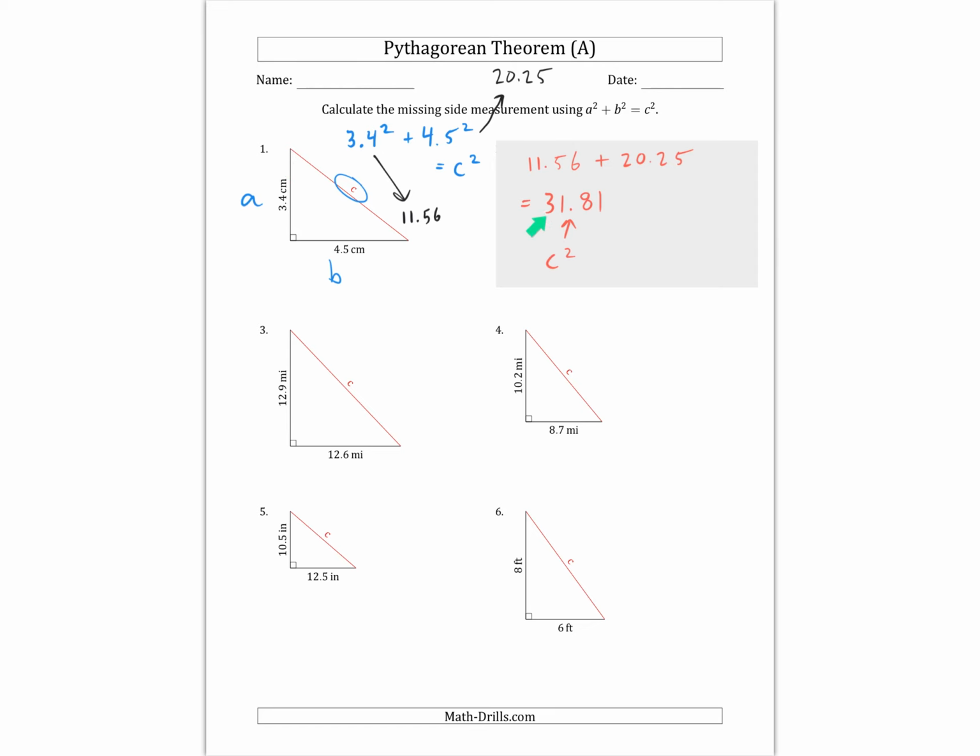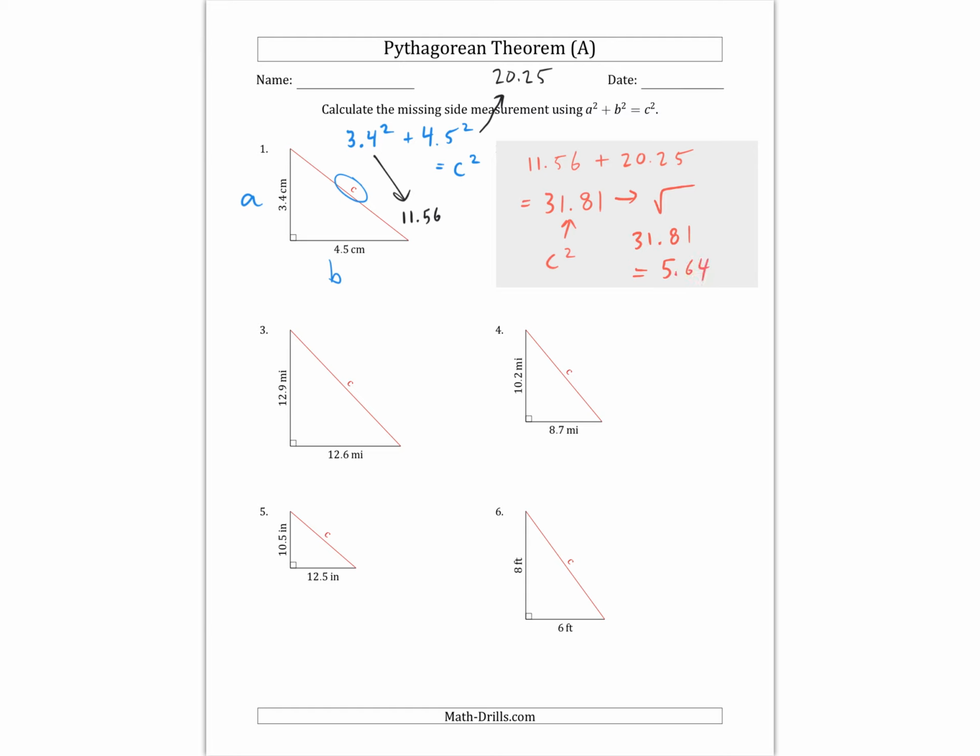So what we need to do in our last step is square root this. When we square root it, it's that weird symbol that looks like this. So we're going to square root 31.81, and this will give us our answer. I usually like to keep 2 decimal places. So the answer is 5.64.